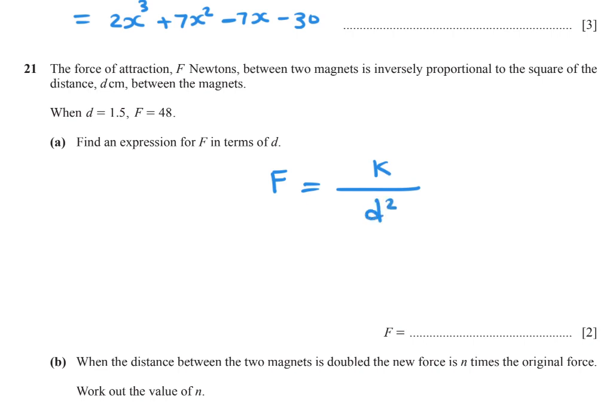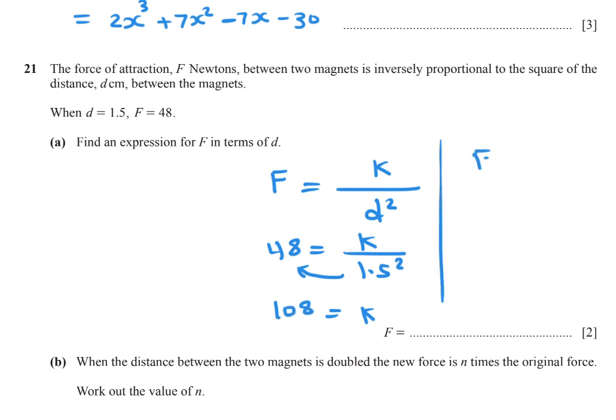Now d is 1.5 when F is 48, so 48 equals k over 1.5 squared. Now cross multiply to find k. So k equals 108. Now F equals 108 over d squared.